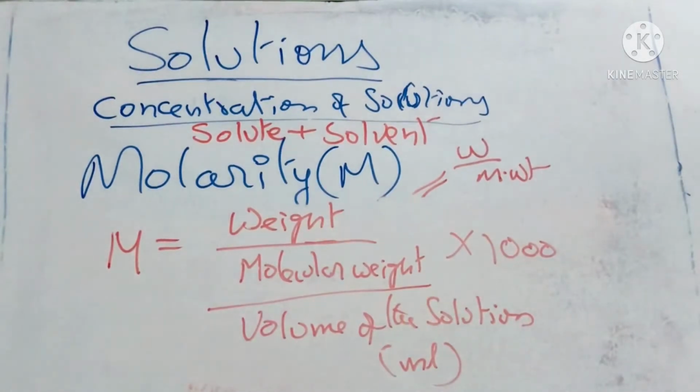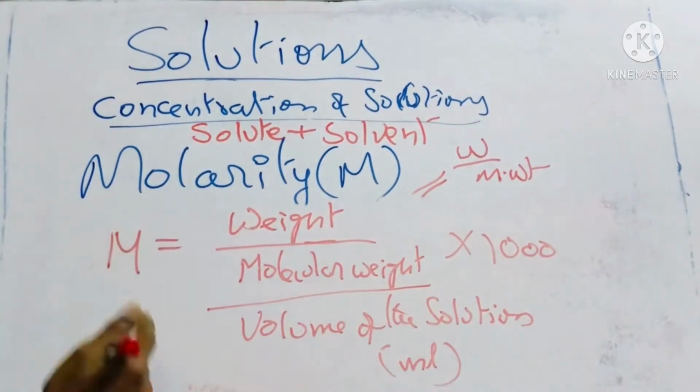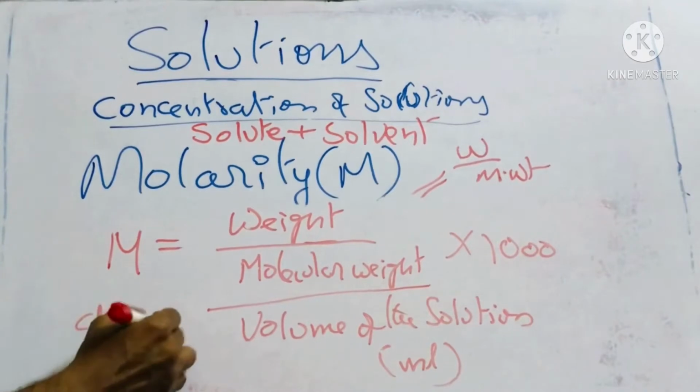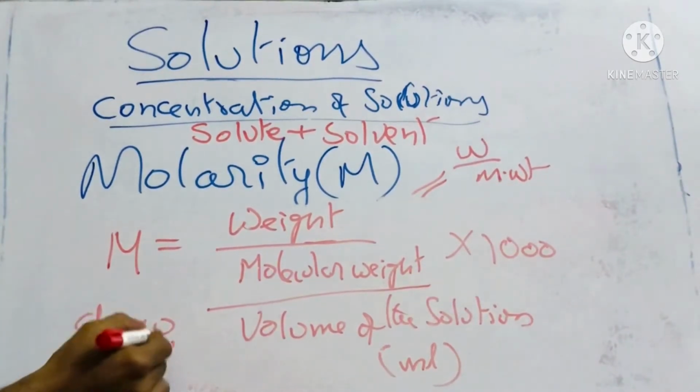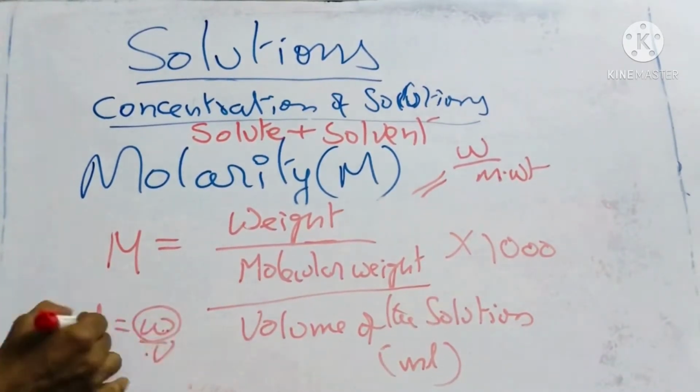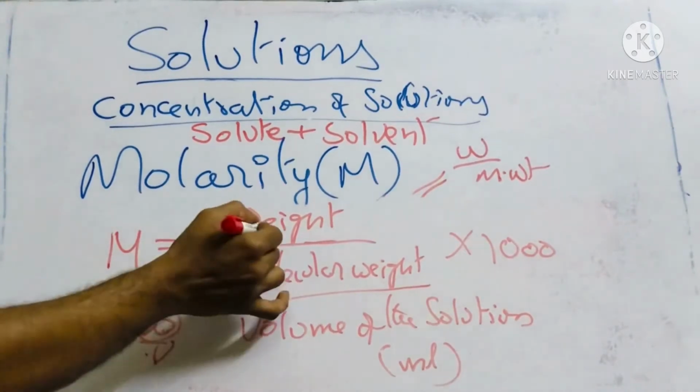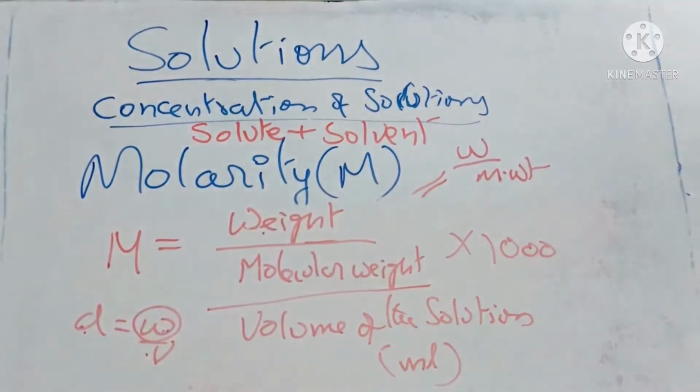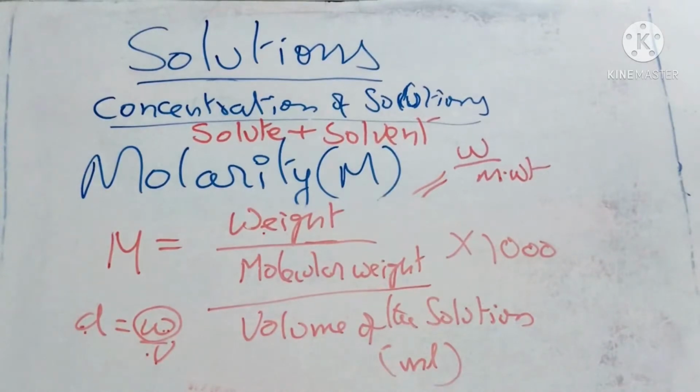Further, you can write in terms of density also. Density equals weight by volume, so the weight can be represented as density multiplied by volume. You can also take this if you have the solute in the form of a liquid. Clear?